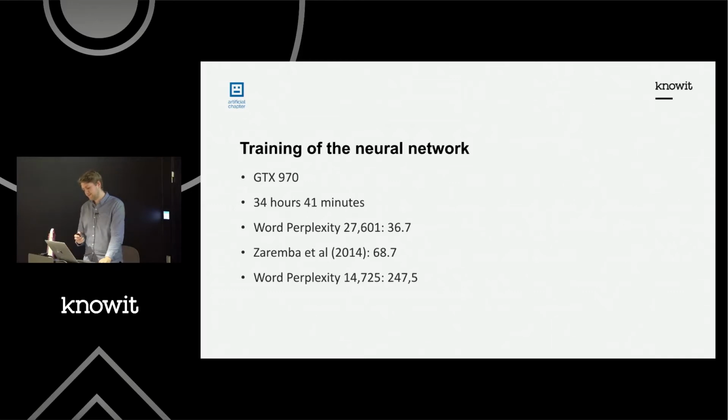So in the bigger vocabulary of 30,000 that I chose, it doesn't get so confused because it knows exactly which ones it's going to guess. But when you reduce the vocabulary a lot, we're removing all of the infrequent words, and now only the frequent words are left, and then it gets a lot more confused. And then I got 247 word perplexity.